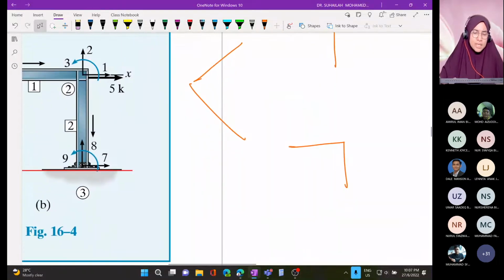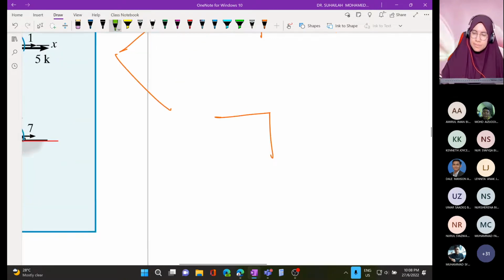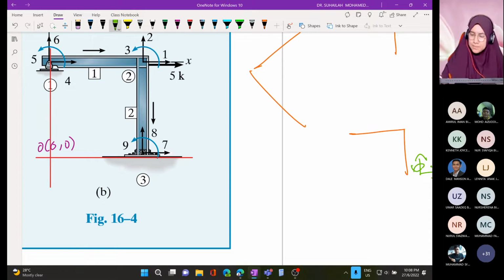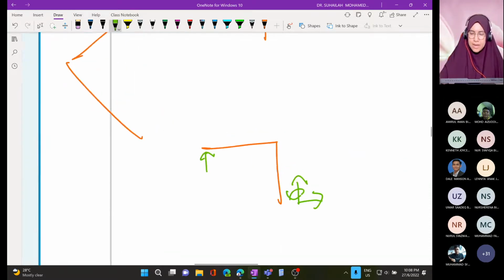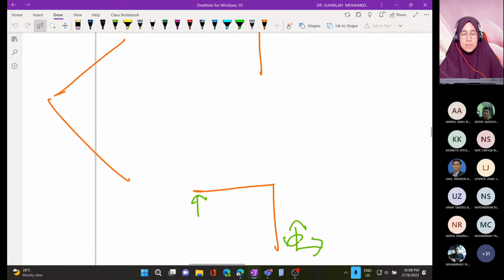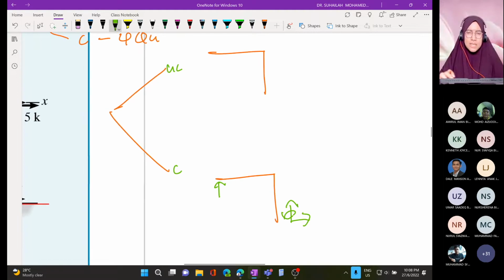These 4 unknown reactions: there are 3 at the fixed support here, and we have 1 roller like this. 4, right? So that's why when we sketch like this first, then we can see clearly.